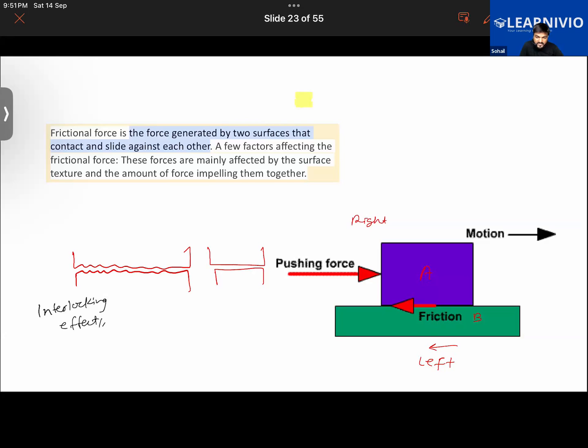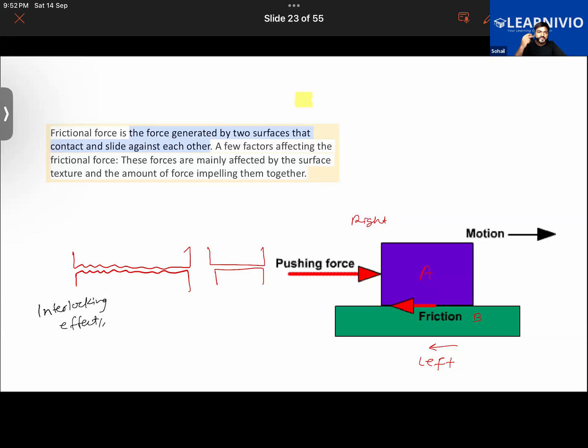So friction always acts in a direction opposite to that of the applied force, or opposite to the movement of the body. Even if this body starts to move, then also friction will be acting. It doesn't mean that there is no more friction. Still friction will be occurring here.